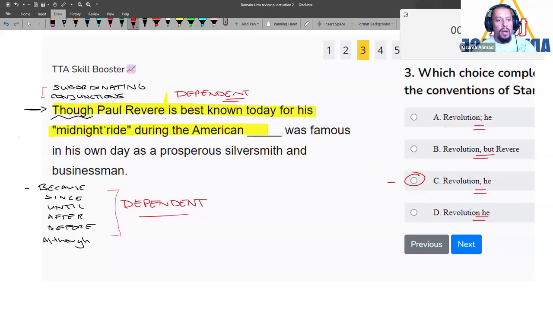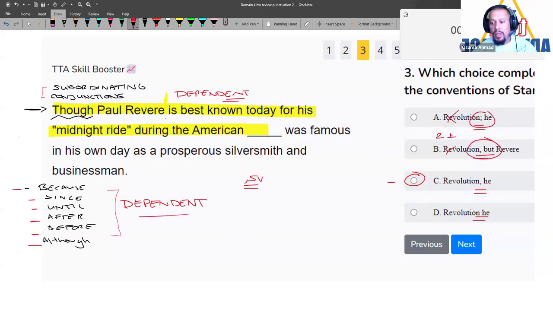Use a comma. Guys, please remember subordinating conjunctions: because, since, until, after, before, although. There are many more, but these are the main ones. Automatically, you need to look for a comma, subject, and verb. It's automatic, okay? So a semicolon and a comma fanboys are incorrect.